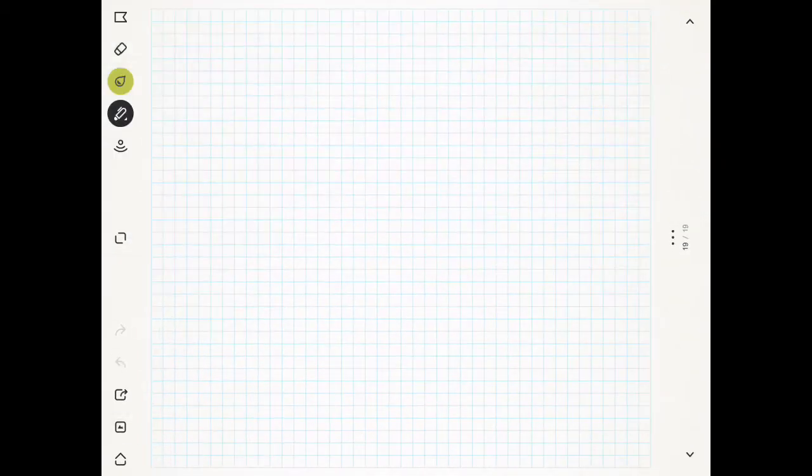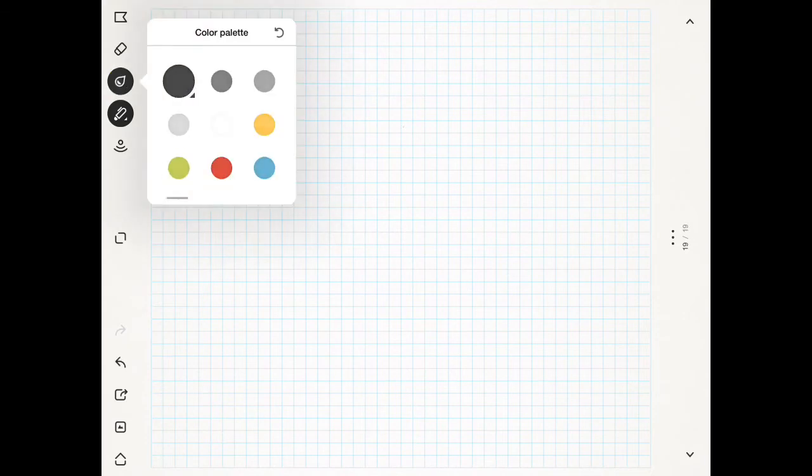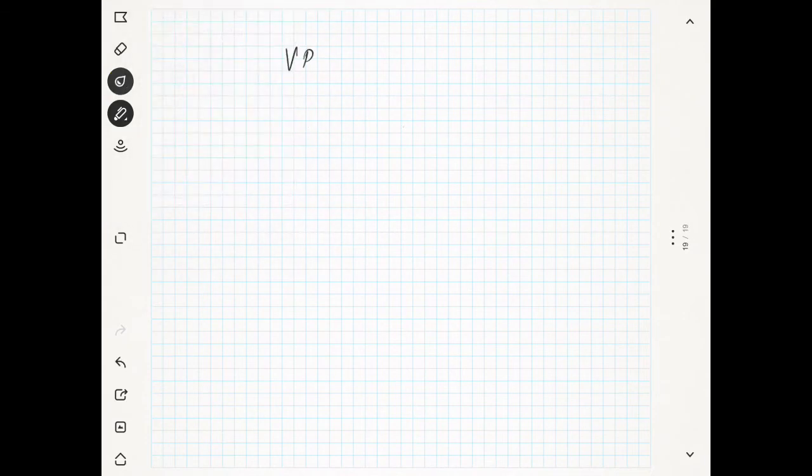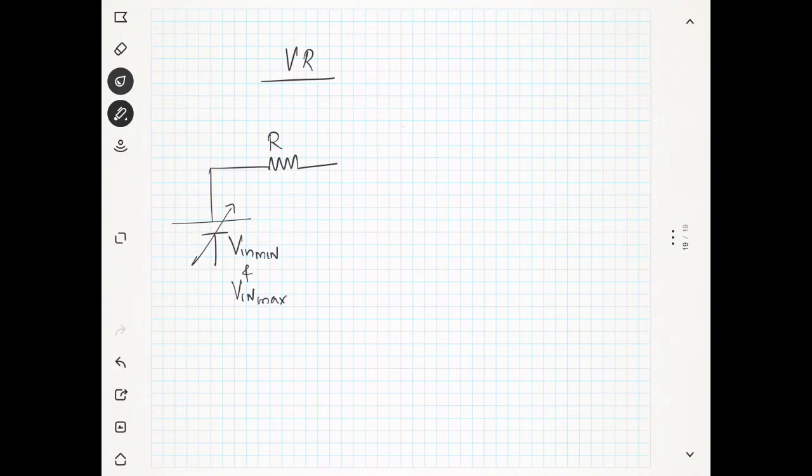Now you see here, the voltage regulator circuit diagram is something like this. You have a resistance R, and a changing input voltage which is changing between the limits V in minimum and V in maximum, as I mentioned before.